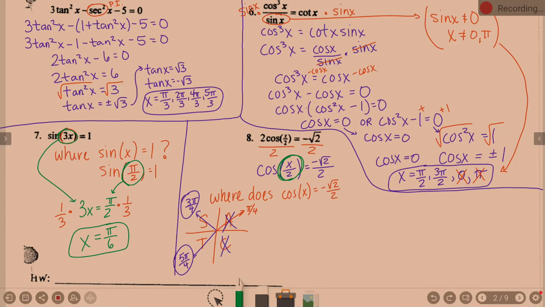This time I've got to take x over 2 and set equal to my answers of 3 pi over 4 and 5 pi over 4. So x over 2 is equal to 3 pi over 4. And, I don't know, would it be safe if I write it as x over 2 equals 5 pi over 4.